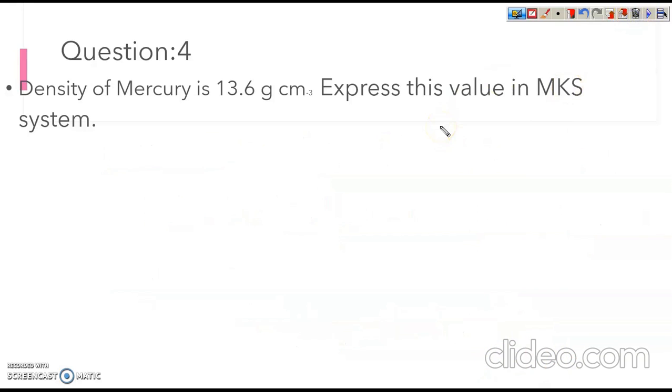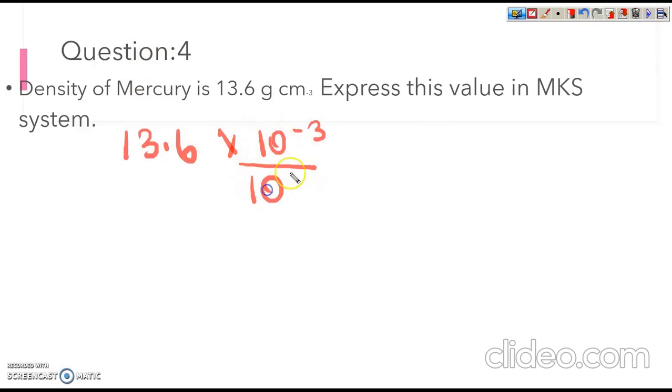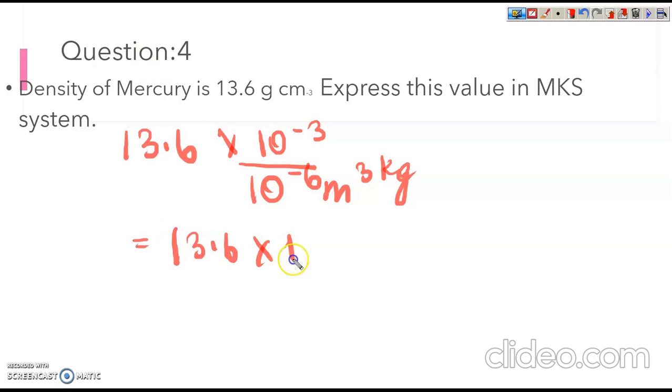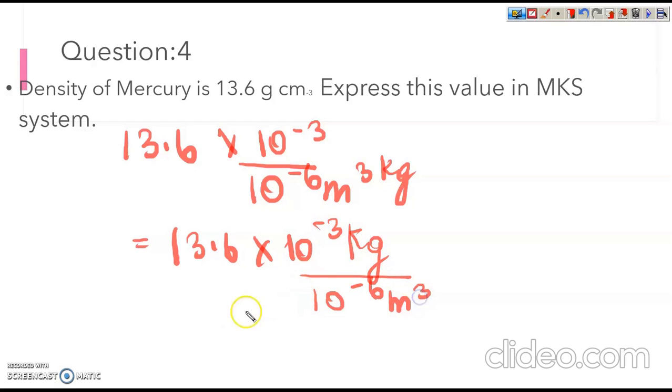Which is equal to 13.6 multiplied by 10 to the power minus 3 kg over 10 to the power minus 6 meter cube.